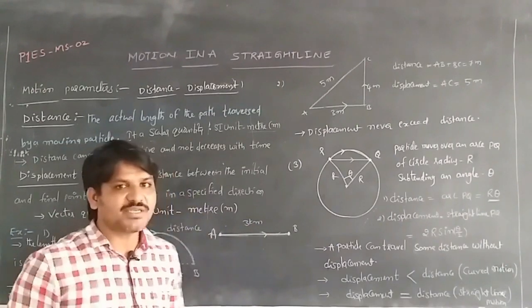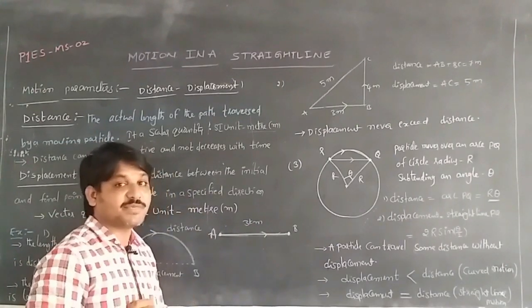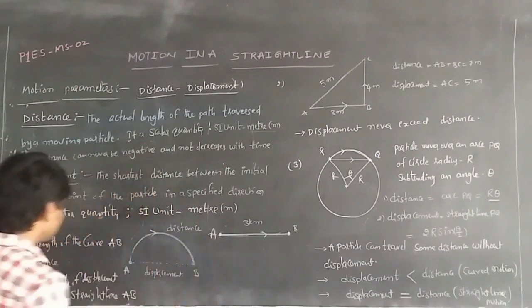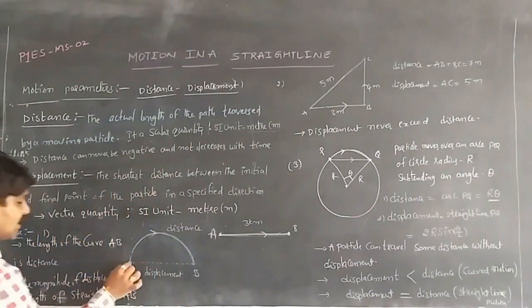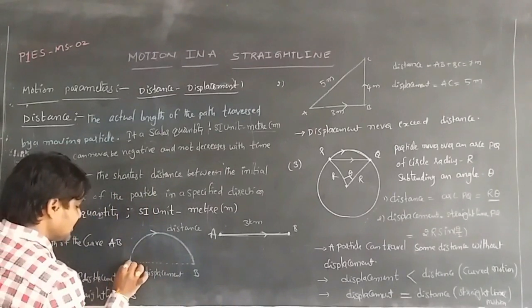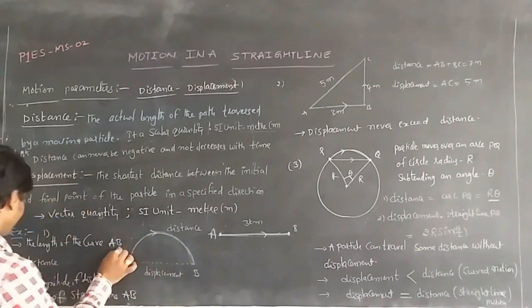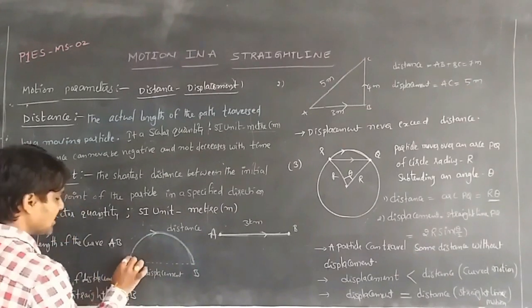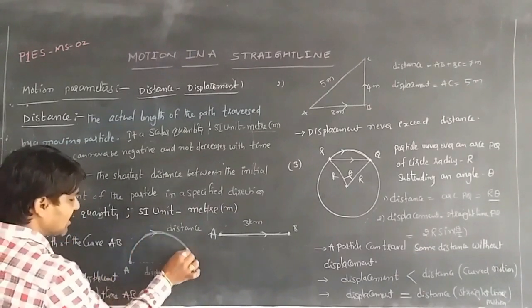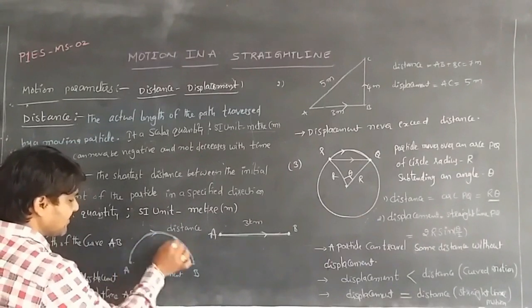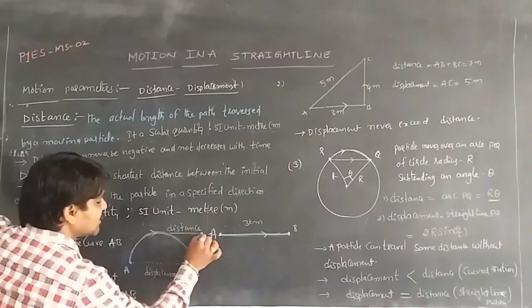Sometimes the displacement will be 0. Here are some examples. When the particle is traveling from A to B along a curved path, the total length of the curve AB can be considered the distance.